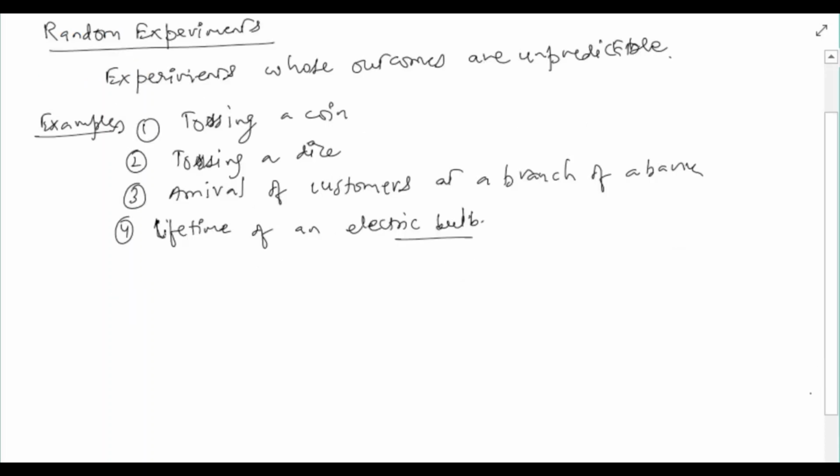We study this notion of probability in the context of random experiments. Before I introduce probability, I'll introduce some other nomenclature. For instance, let me tell what is meant by sample space. Sample space, usually denoted by the symbol omega, is the set of all possible outcomes.